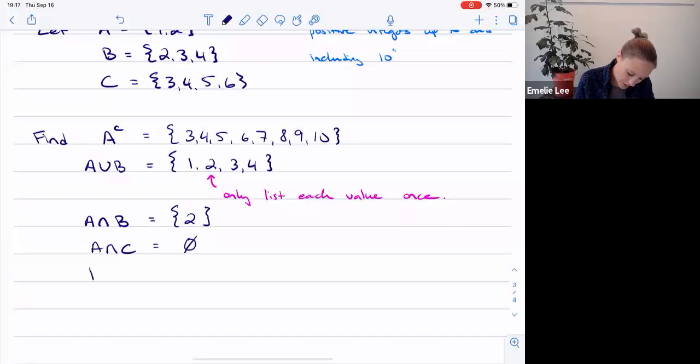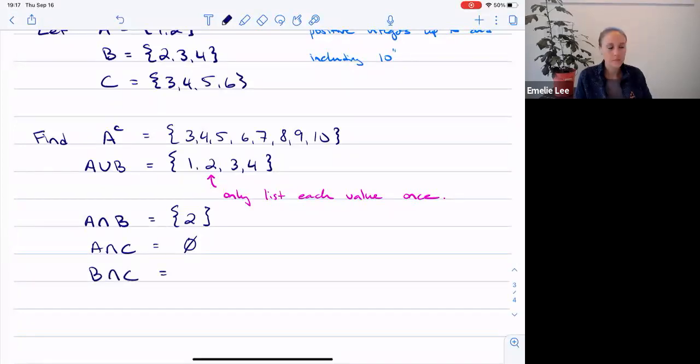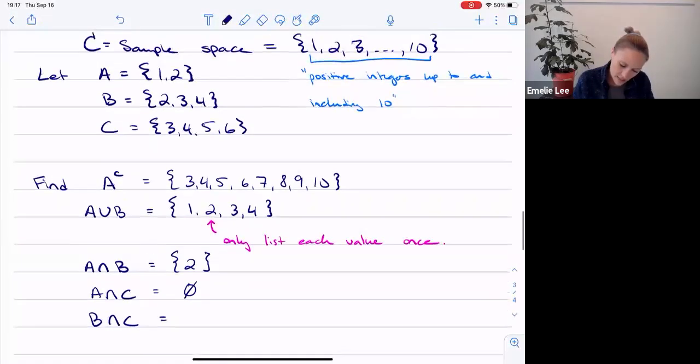How about B and C? Looking at all the possible combinations here. Now I want overlap between B and C. There are no 2s in C, but I see 3 and 4 are in both sets, and then 5 and 6 is only in C. So B and C is 3, 4.